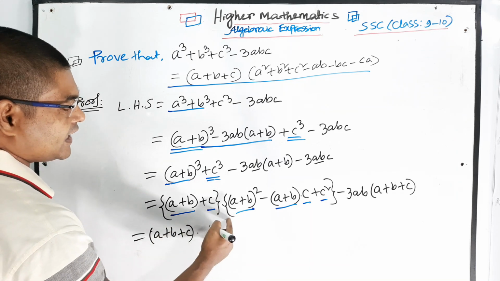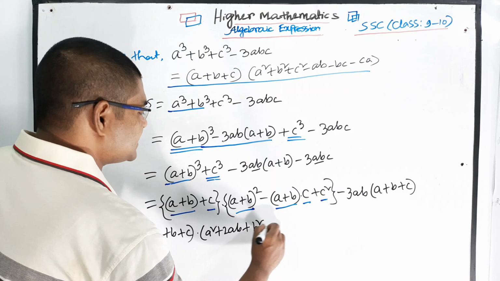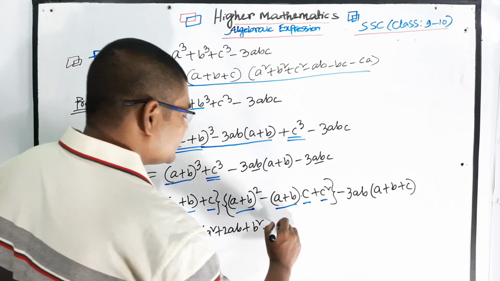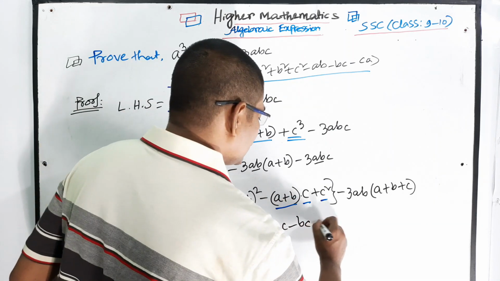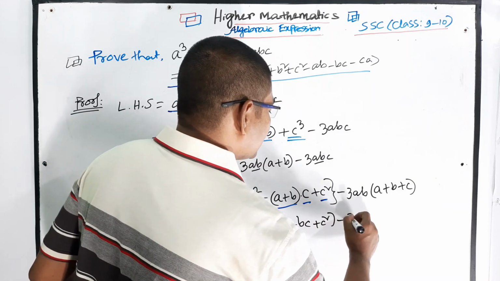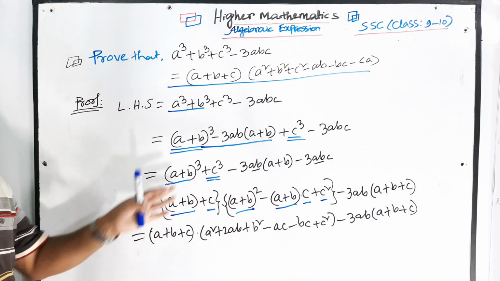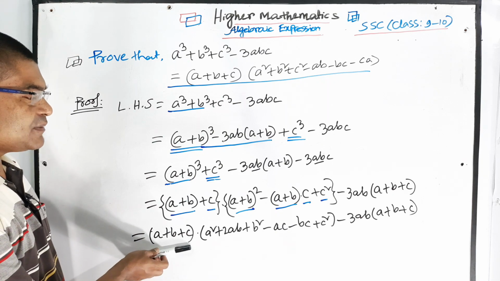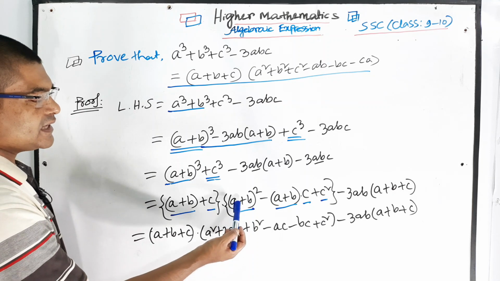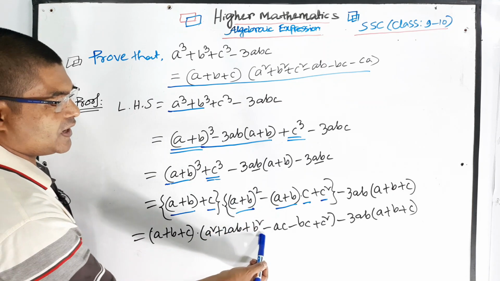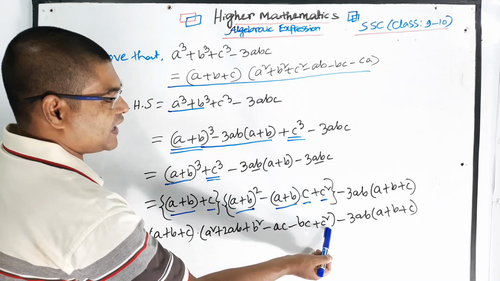Here is a plus b whole square, that means a square plus twice ab plus b square, a into c, ac, minus 3ab into a plus b plus c, minus b into c, bc, plus c square. So we have got a plus b plus c common.